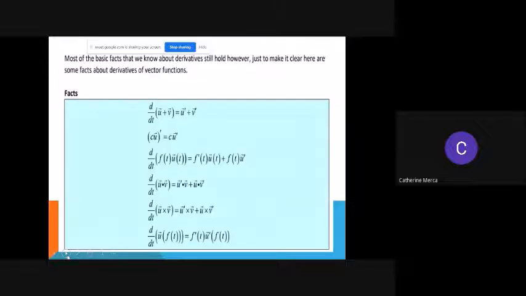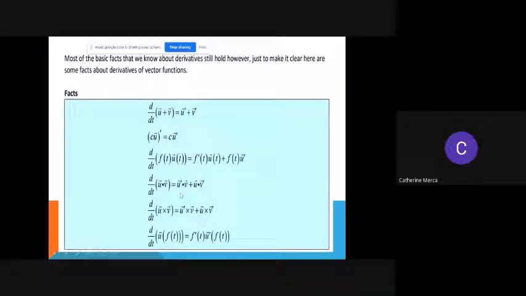Now, let's take a look at the basic facts that you know about your derivatives, just in case you forget. Ang derivative ng sum of vectors is simply u prime plus v prime. Derivative of c u prime, you take the constant out and just take the derivative of u prime. For the derivative of a product, take the first factor, multiply it by the derivative of the second factor, plus take the second factor, multiply it by the derivative of the first factor.